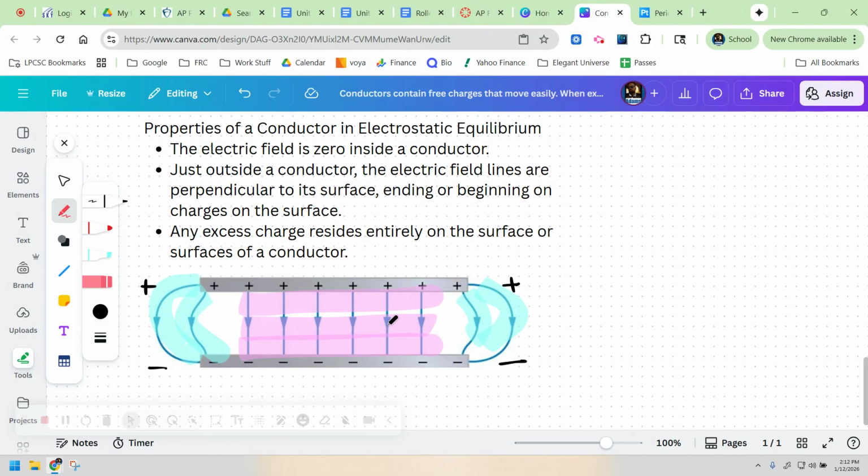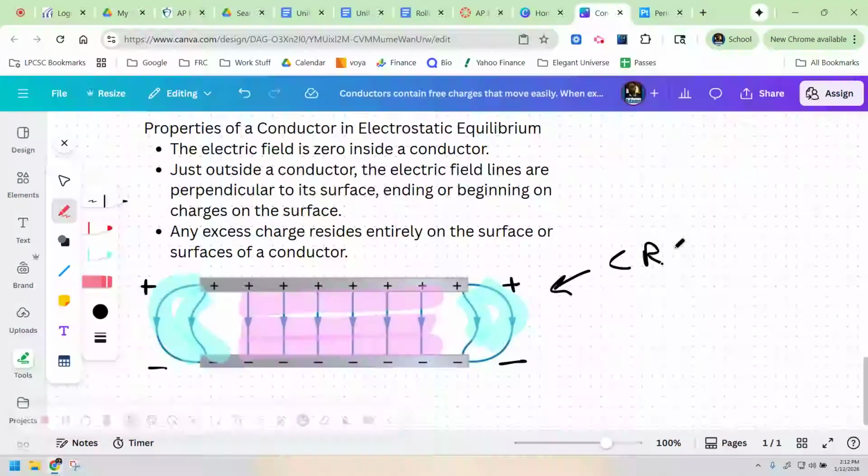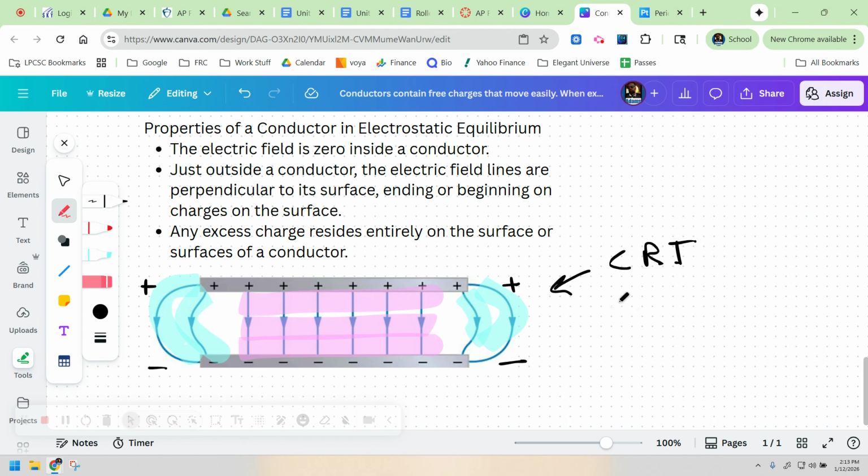Now this is how the old school picture tube TVs, which we call CRTs, kind of worked. I'll write down picture tube TVs. This was a major component in a picture tube TV. It's really simplified. So the first televisions took advantage of this uniform electric field.